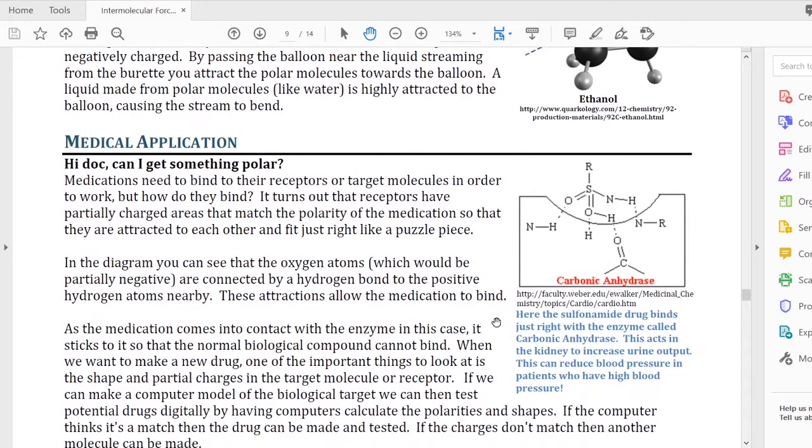But when we talk about a medical application, how would we use polarity out in the world? Why does it matter, okay? Medications actually need to bind to what we call receptors or target molecules that help them do their job, okay? It turns out that receptors have partially charged areas. So those receptors on our cells, let's say, you know, my daughter has epilepsy and she has this medicine that prevents the seizures.